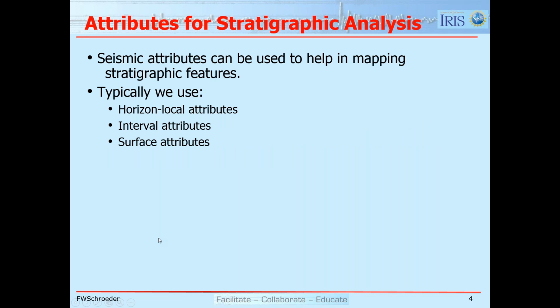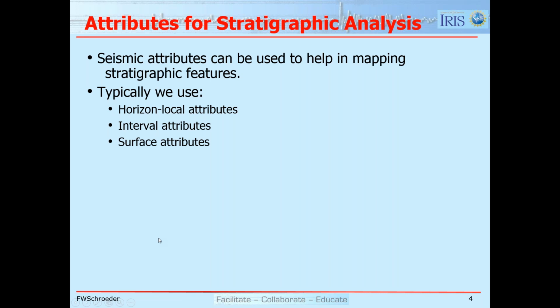In terms of using attributes for stratigraphic analysis, we can use attributes to help us understand things such as the types of environments of deposition. In some cases, the presence of hydrocarbons gives us anomalous attribute responses.